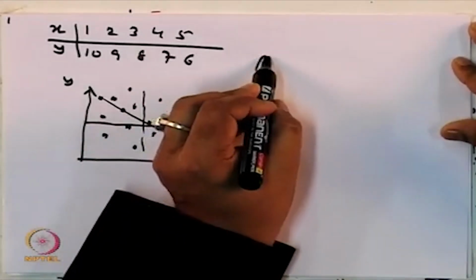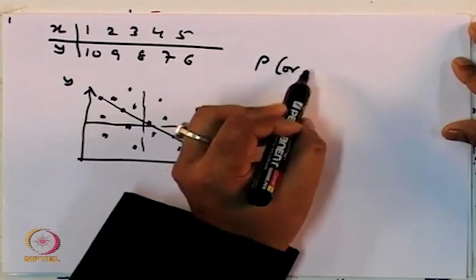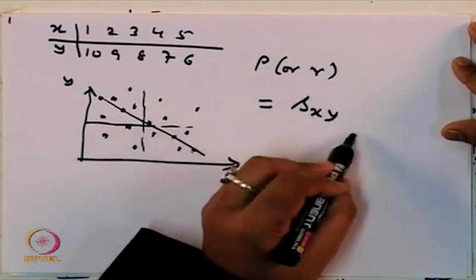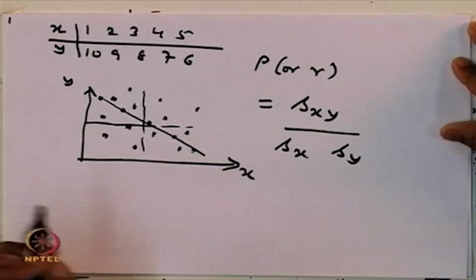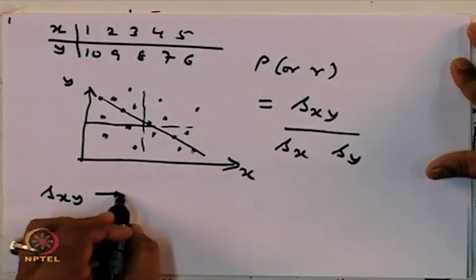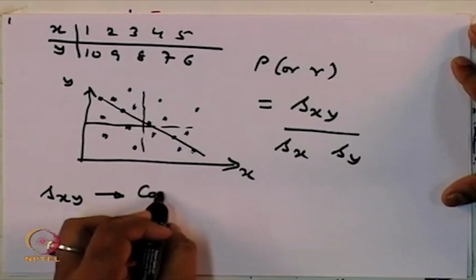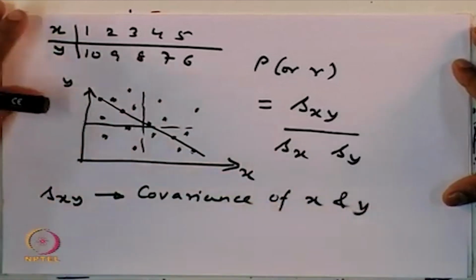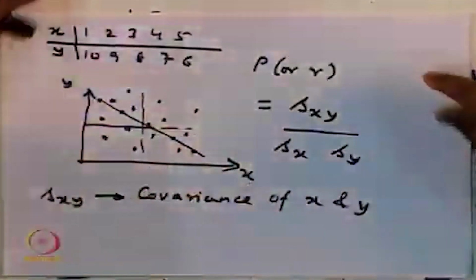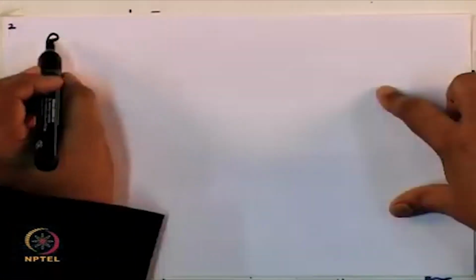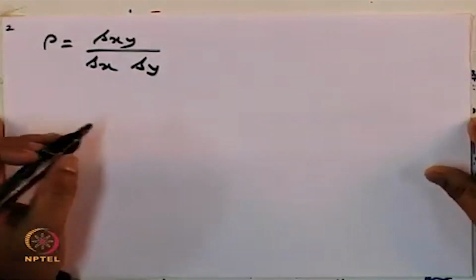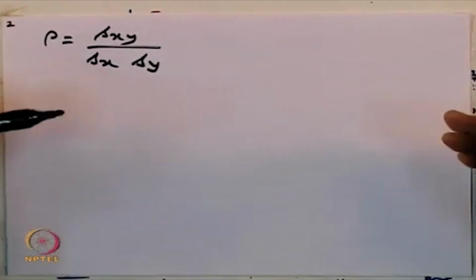We define the correlation coefficient rho or R, and this is given by the expression R equals Sxy by Sx times Sy, where Sxy refers to the covariance of x and y. Now, rho is a measure of correlation.